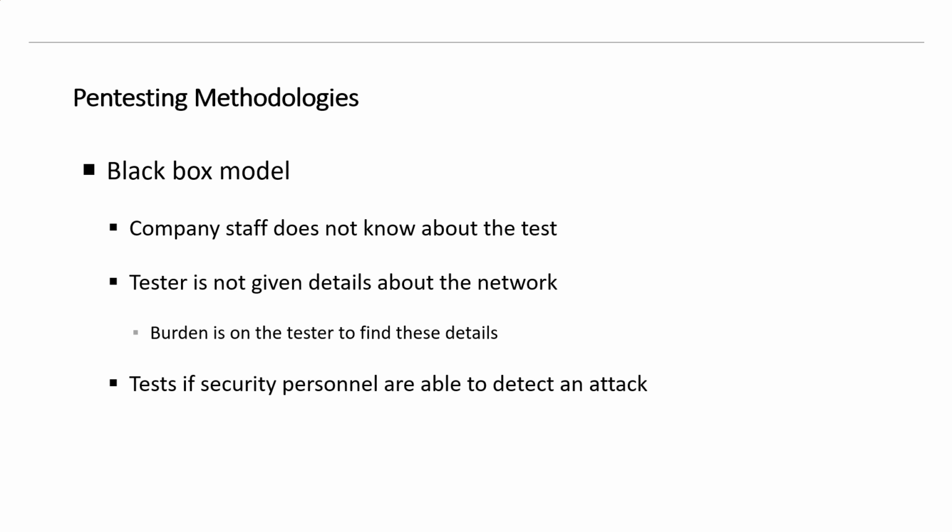And also we, the pen testers, are not given details about the network, the system, or the technologies adopted in the network. So we need to discover such things by ourselves, okay, to find that sort of important detail about the network, and also can test if security personnel are able to detect an attack or an intrusion, okay?